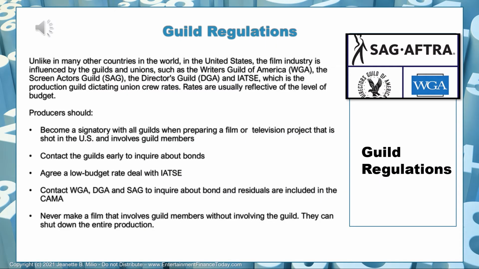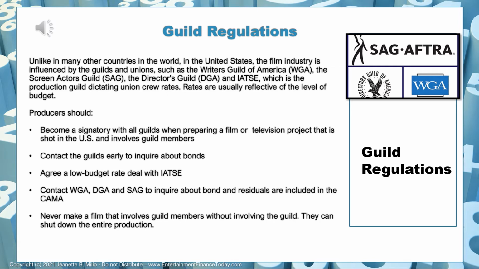Unlike many other countries in the world, the United States film industry is influenced by the guilds and unions. That includes the Writers Guild, SAG, which is the Screen Actors Guild, and the Directors Guild, as well as IATSE, which is the production guild dictating union crew rates.